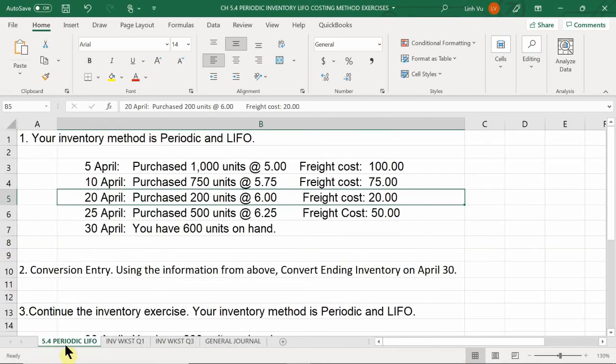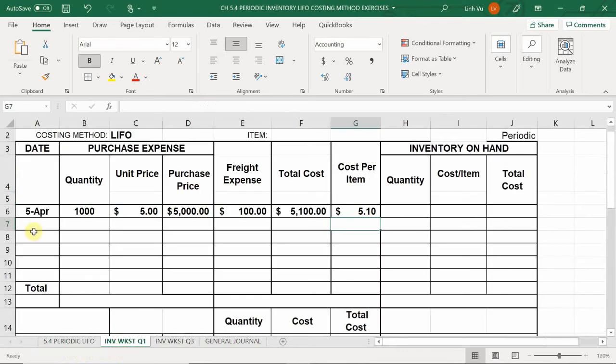So then on April 10, we purchased 750 units at $5.75 each, with the freight costing $75.